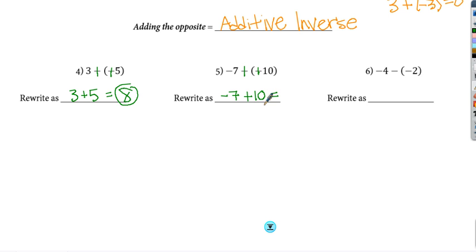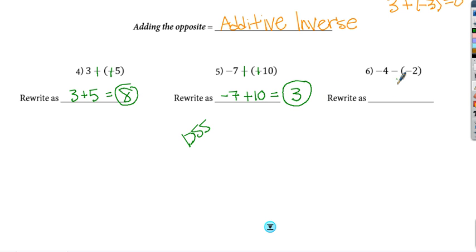And that's adding integers with different signs. DSS, different signs we subtract. So 10 minus 7 is 3. And which team won? The positive team or the negative team? Yes, the positive team won because 10 is a bigger number and it's positive. So this is +3 and you can just write it as 3.